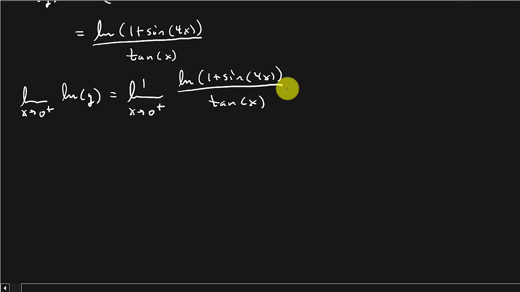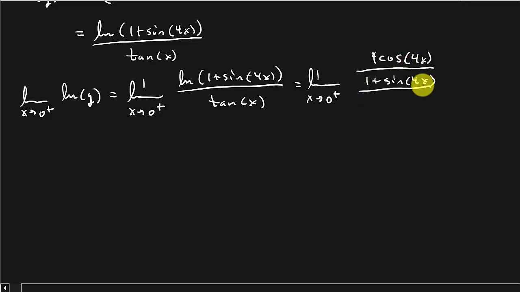Once again, we just discussed that I've got 0 over 0, so I can apply L'Hopital's rule. So this is the limit as x goes to 0 from the right, and the derivative of the numerator: the derivative of natural log goes in the denominator, so that's 1 plus sine 4x, and the derivative of the inside goes in the numerator, so that's 4 cosine 4x, over the derivative of tangent, which is secant squared x.